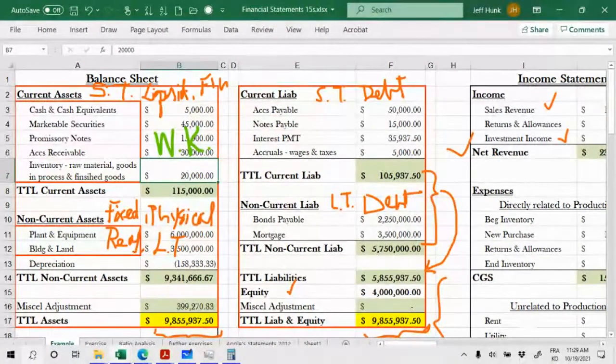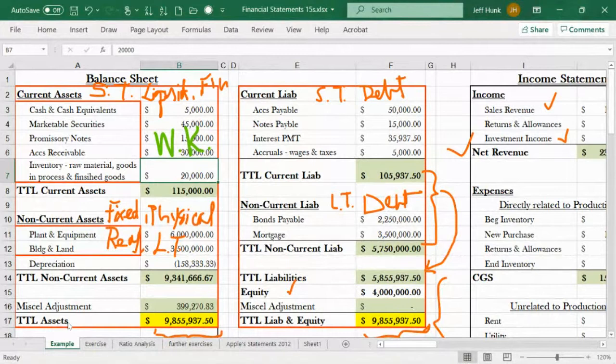Can you ever see raw material or goods in process there? Something in the middle of making? No, because they are not manufacturers, right? So the nature of inventory between the manufacturer and retailers is so drastically different.